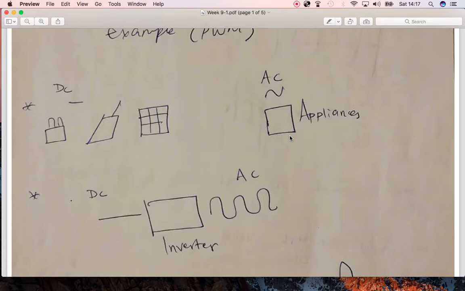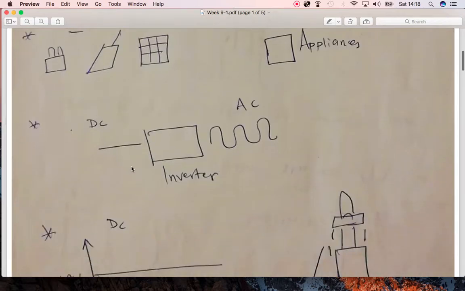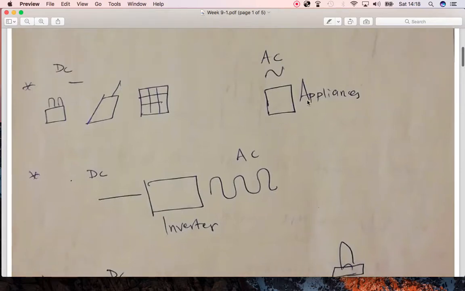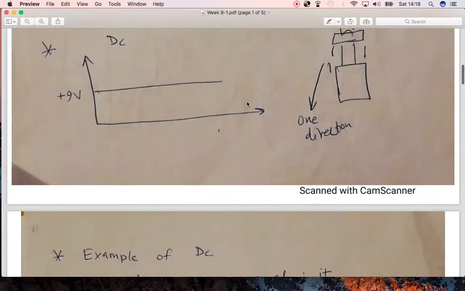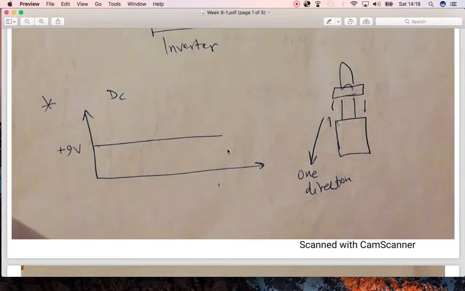We have to transform that power with the help of an inverter into AC power. So the inverter is used to convert the DC power into AC power, which can be further utilized by the AC appliances.